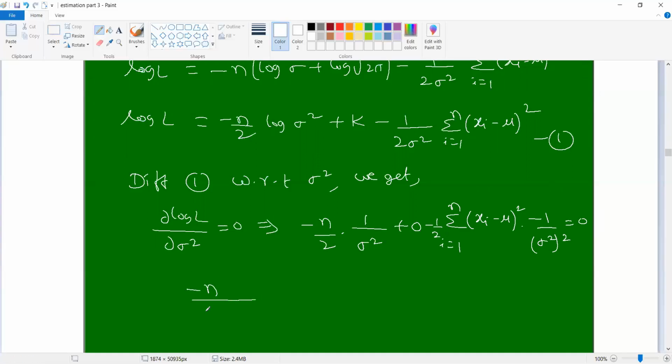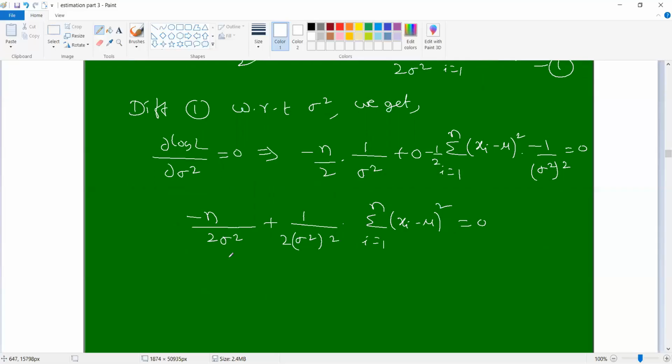Minus n by 2 sigma square, plus 1 by 2 sigma square whole square into summation i equal to 1 to n of (xi minus mu) whole square, equal to 0.